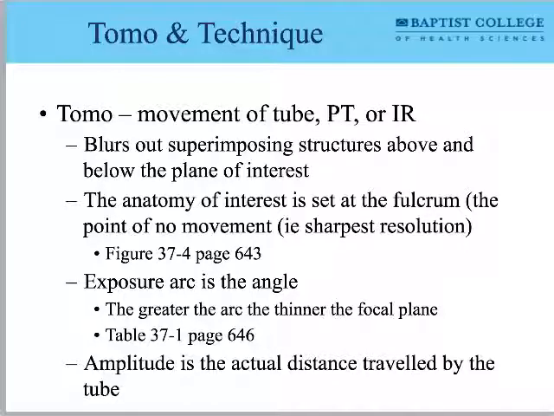Yes. The main place that this was used back in the day was the kidneys, because the kidneys are retroperitoneal and they've got a lot of stuff obscuring them. So on a KUB, they are hard to see, right? We've all tried to find kidneys on a KUB and we can't. Using tomography, you can, because you can set the fulcrum, the part that's not moving, at the level or the plane of the kidneys, right?